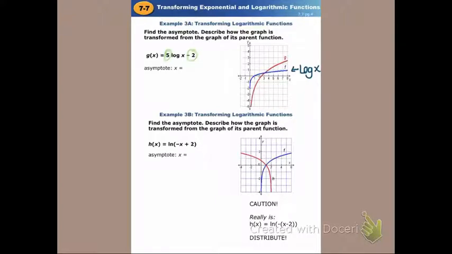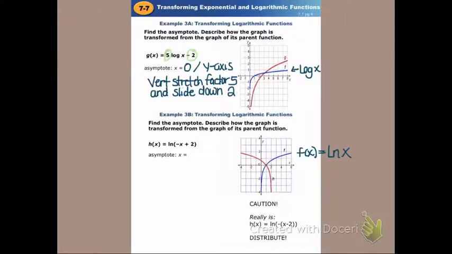But in this case, because it's subtracted from the whole function, this is actually sliding down 2, and then the 5 out in front gives us that vertical stretch. So this is a combination of a vertical stretch and a vertical slide down 2. But notice that the asymptote is still the y-axis, or x equals 0. There is no change there. It is still the y-axis that this graph is approaching but never crossing.